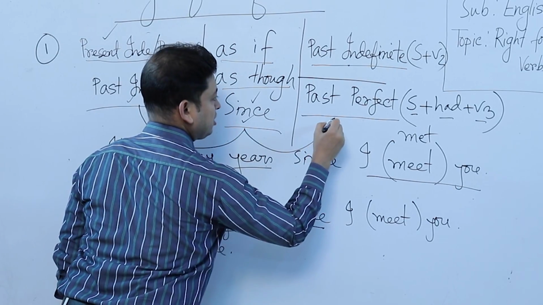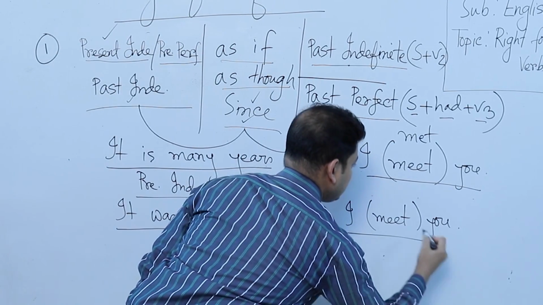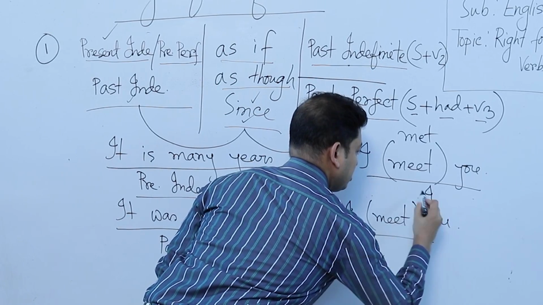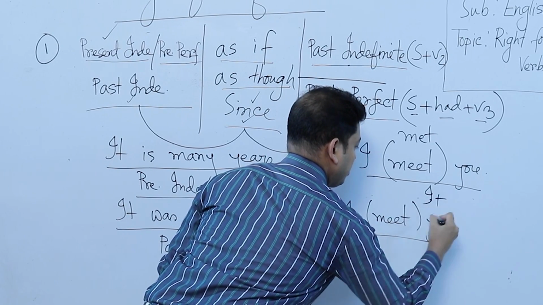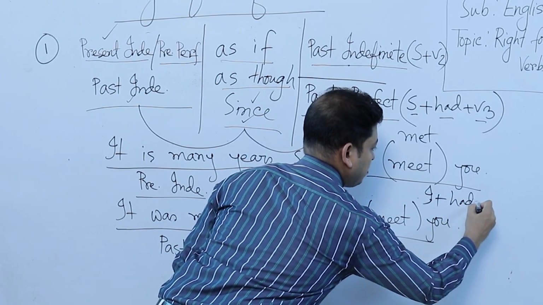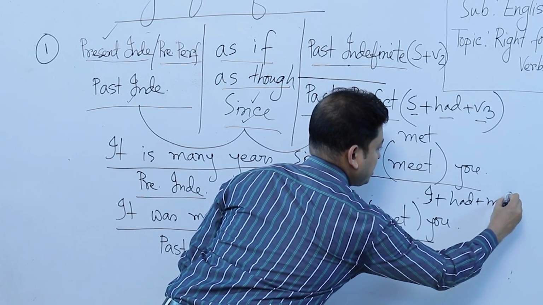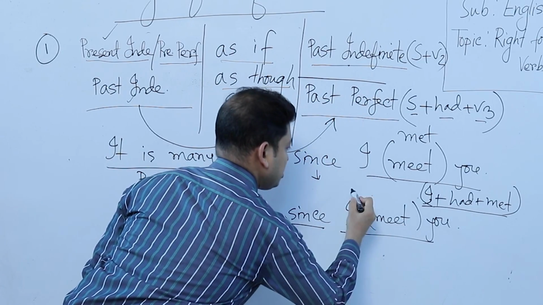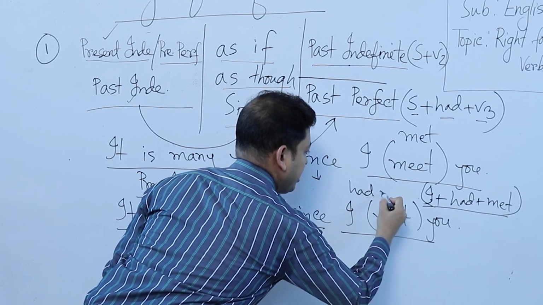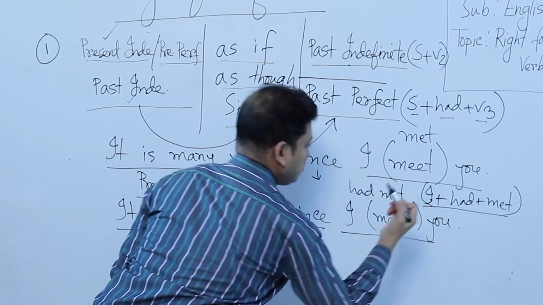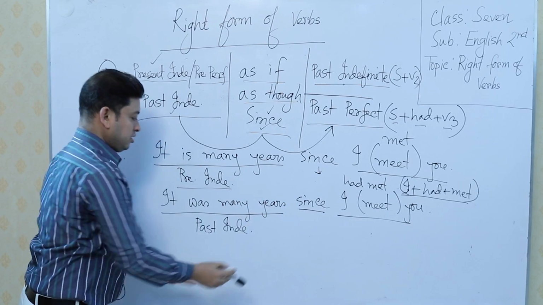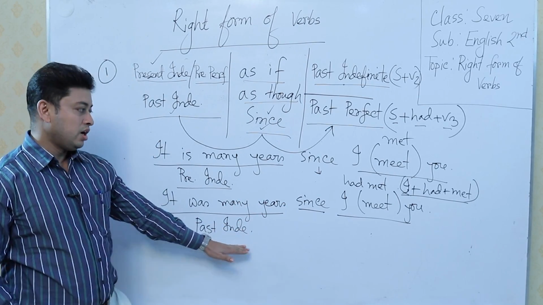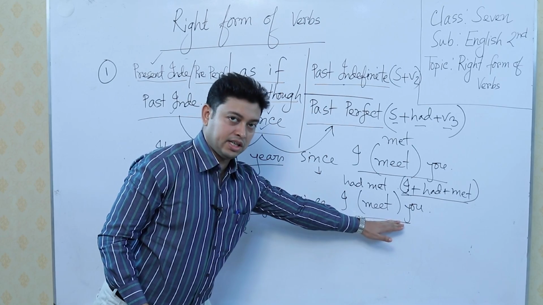The change will be subject plus past perfect, that means had plus V3, met. So, this will be the case. The change will be here, I had met you. Since in the middle, past indefinite in the first clause, past perfect will be in the second clause.